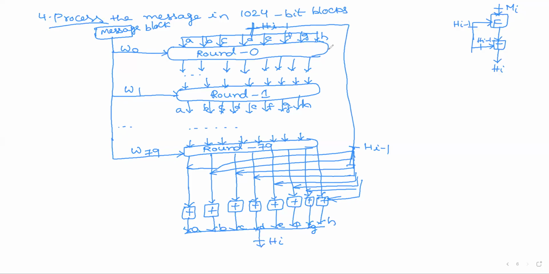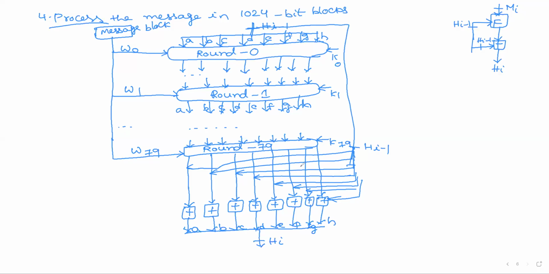Another point for every round: we use additive constants like K0, K1 up to K79. Don't forget to add these additive constants, round constants, for every round. So this is again an idea about how the message is processed.